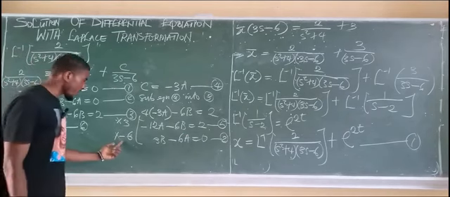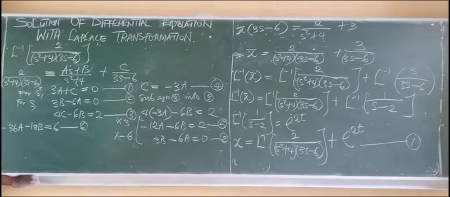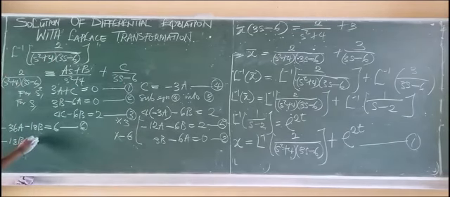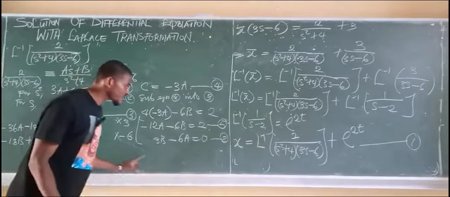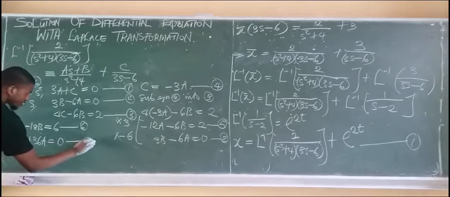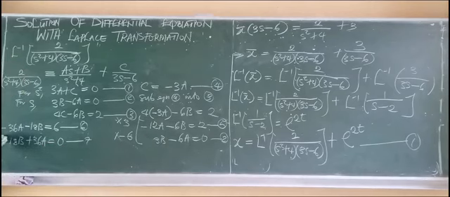Also, minus 6 times 3b gives minus 18b, and minus 6 times minus 6a gives plus 36a. This is equal to minus 6 times 0, which obviously gives 0. Call this equation 7. At this point, we eliminate by subtraction, so subtract the two equations.